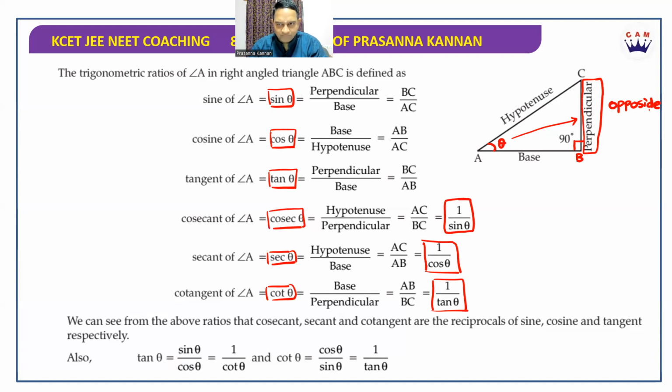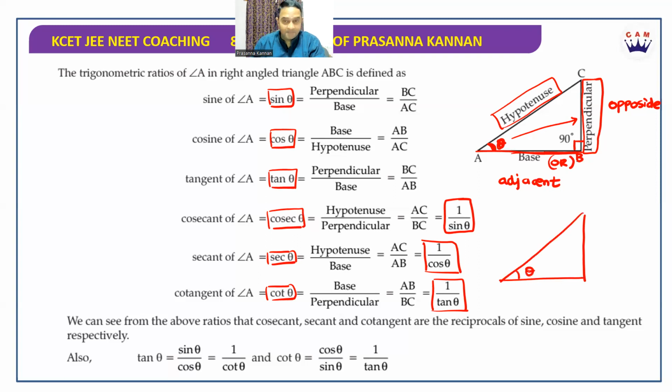Similarly, the side which is touching the theta, this angle, this side we will call base, or adjacent side. And the longest side in the triangle you call hypotenuse. Correct? So now is it clear?